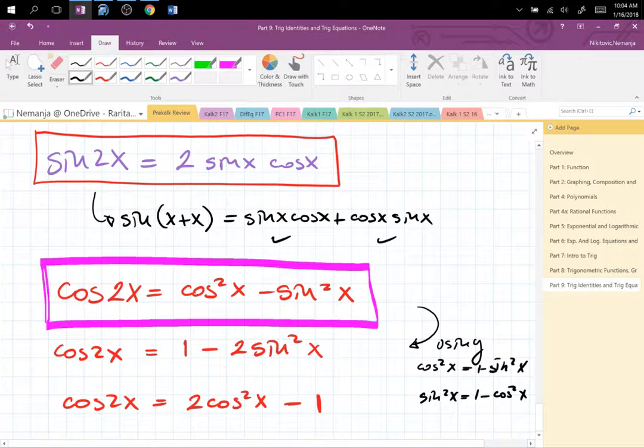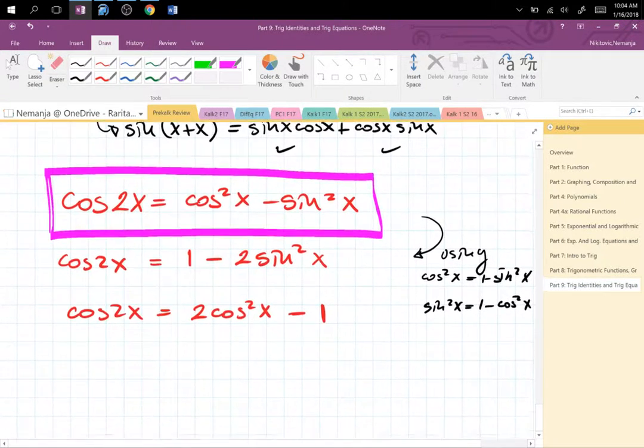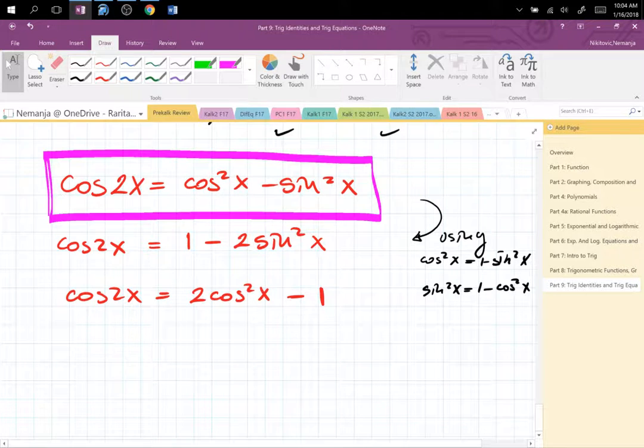Remember, I defined these as another flavor of the Pythagorean identities. So if you use those within these formulas, you get these other two forms. And it's these other two forms that give us the power reducing and the half angle formulas, which we actually need for the power reducing for calculus.